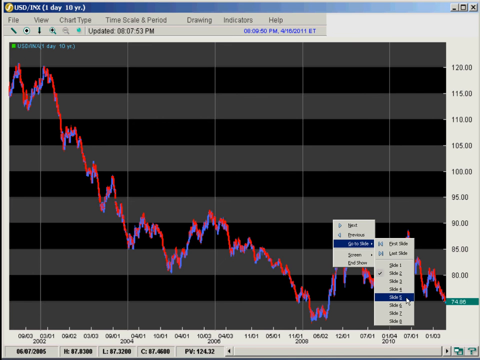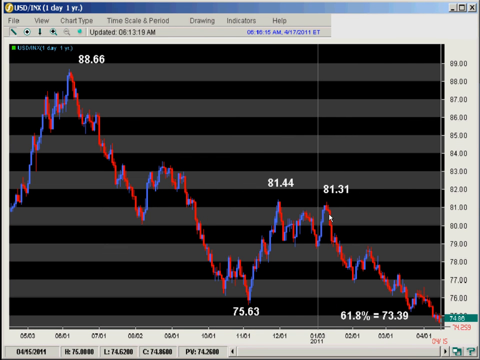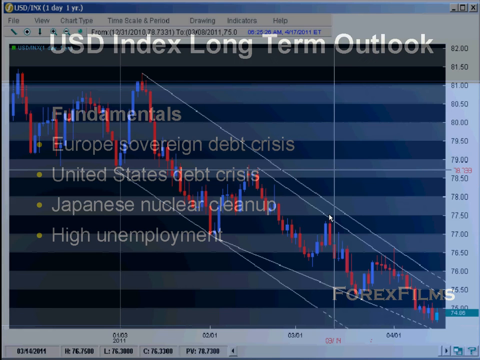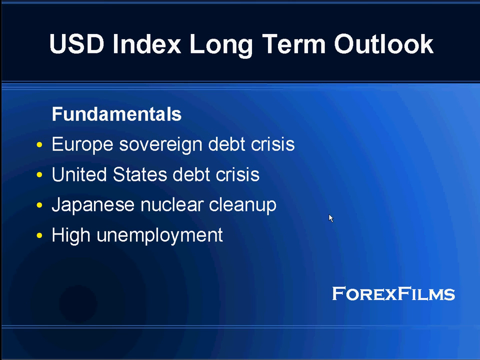So, let's go to some fundamentals. What are the fundamentals that make this outlook seem plausible? We have the Europe sovereign debt crisis. Portugal is calling for a bailout. Spain next? I don't really know, but it likely could be.